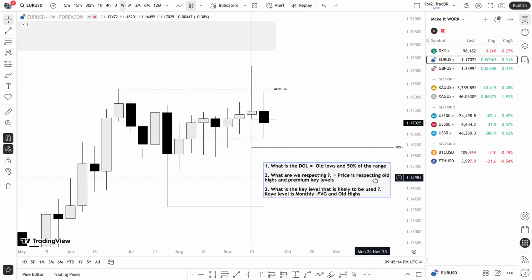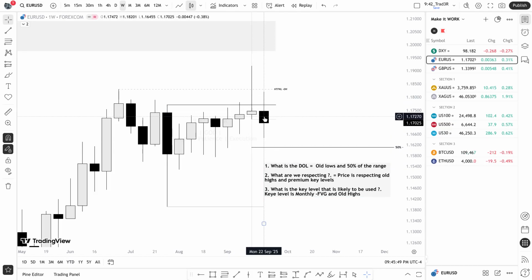Price is respecting old highs and premium key levels. So now you can see this is the old high on the weekly chart and price is respecting it, and we are also in a premium price on the monthly charts. We are in a premium price and we are respecting premium key level. So on this weekly chart, you still want to look for a key level that this new week is going to use to push price lower to your draw on liquidity.